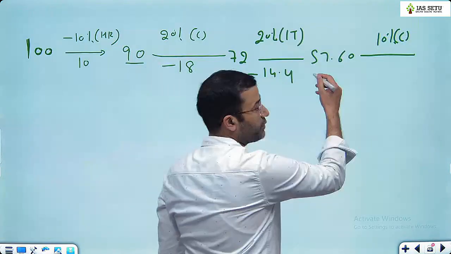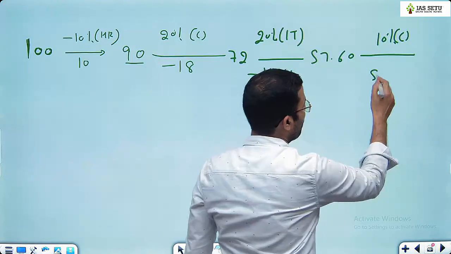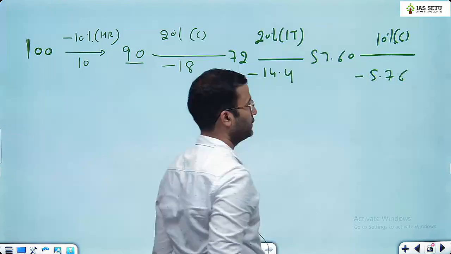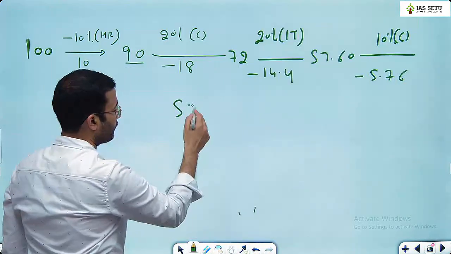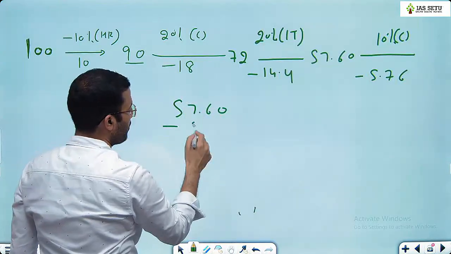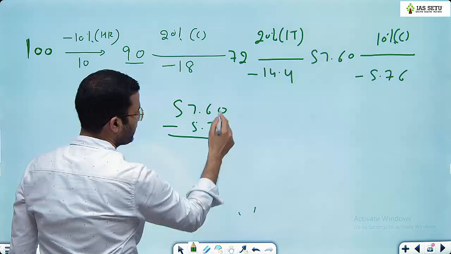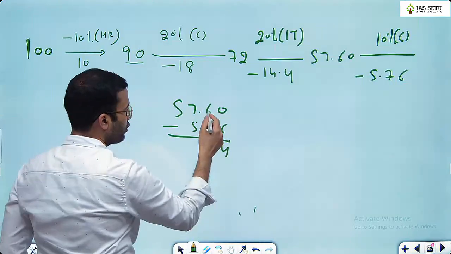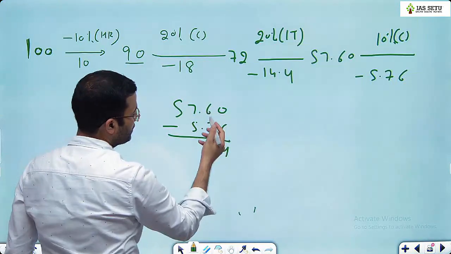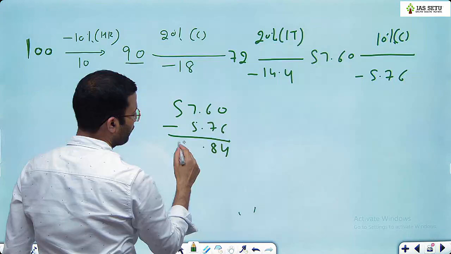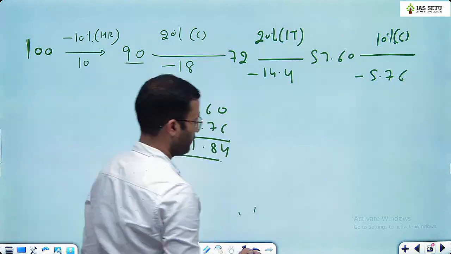So what is 10% of 57.6? 5.76. So here 57.60 minus 5.76, 10 minus 6, 4. Here, 15 minus 7, 8, 51.84.